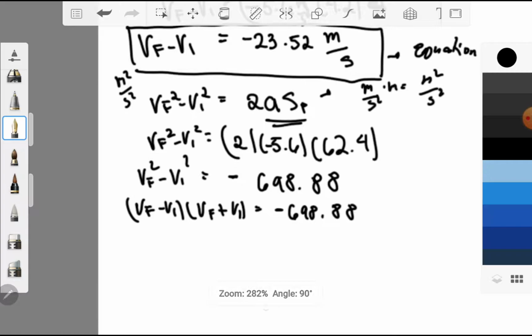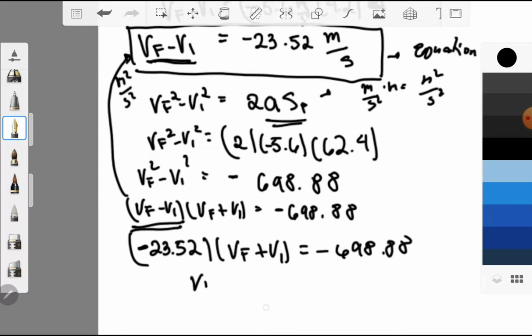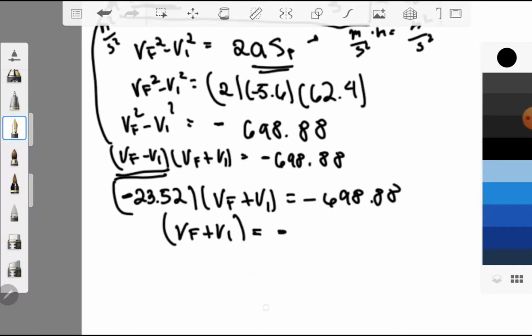Next is that we all know that we already have our VF less VI. Tama ba? So, pwede nating substitute yung value ng VF less VI natin dyan, which is basically equal to negative 23.52 multiplied by VF plus VI, which is equal to negative 698.88. So, VF plus VI, mathematically, is equal to negative 698.88 divided by negative 23.52.